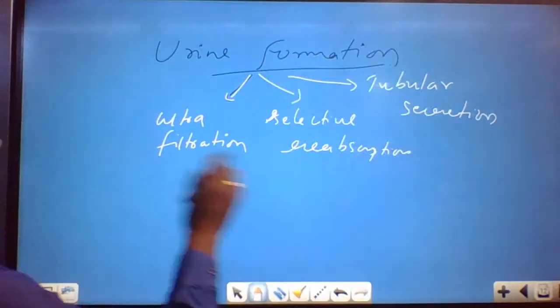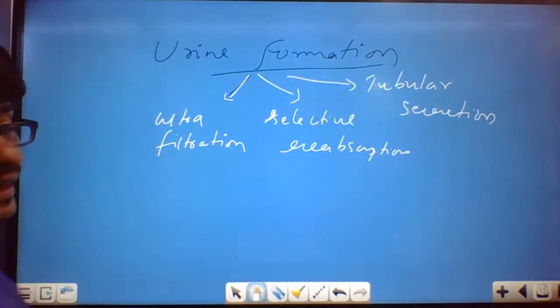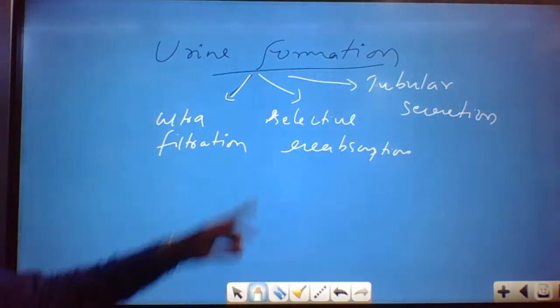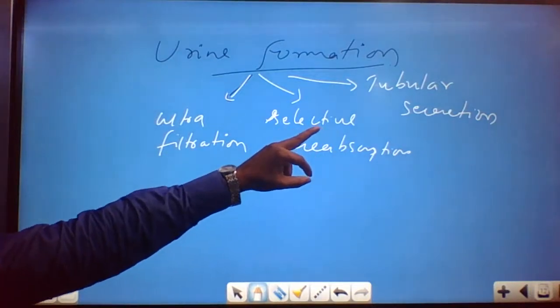So these three events take place in urine formation: ultrafiltration, selective reabsorption, and tubular secretion.